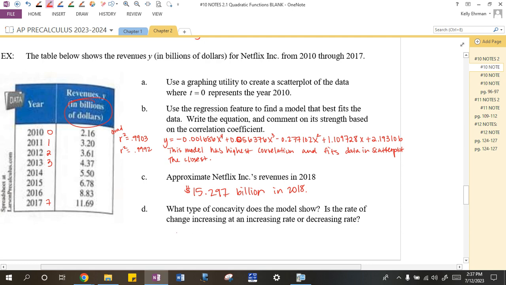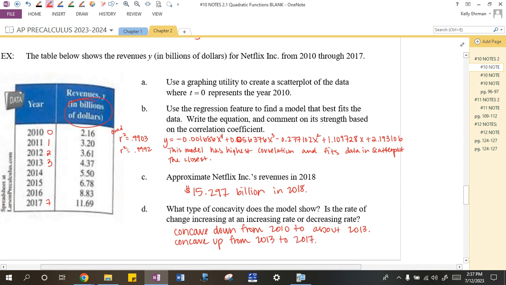So I'm going to say concave down from 2010 to about, because I don't know for sure, 2013, and then concave up from 2013 to 2017.